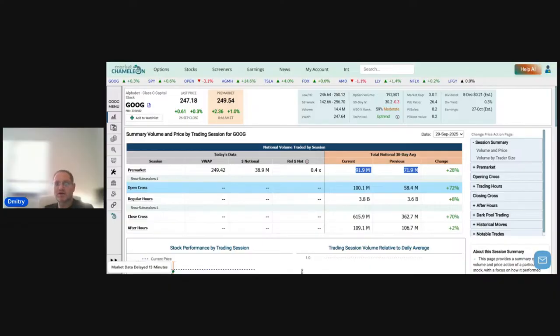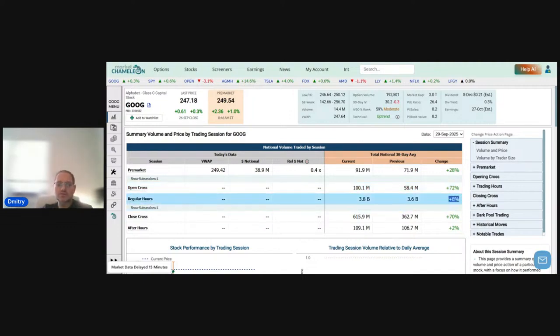They're tracking a VWAP price over time, but that excludes pre-market, because you don't have that same liquidity, so they kick in after regular trading hours. So what we're seeing here is that the regular hours will have way more of that type of institutional flow. But here we also see an increase of 8%. Okay, so not as significant, but there's still an increase of 8% during those regular trading hours.